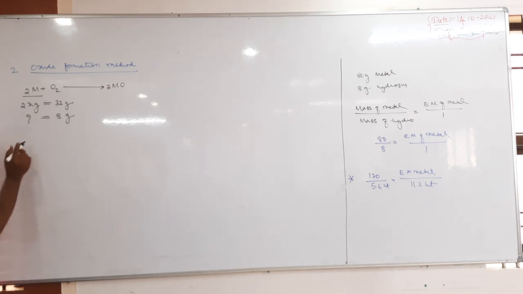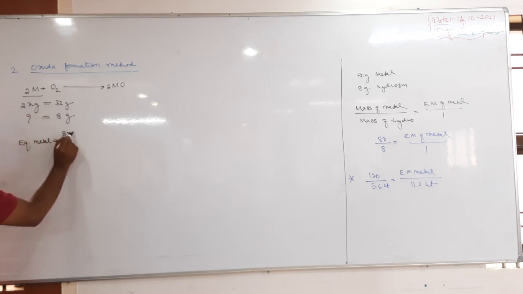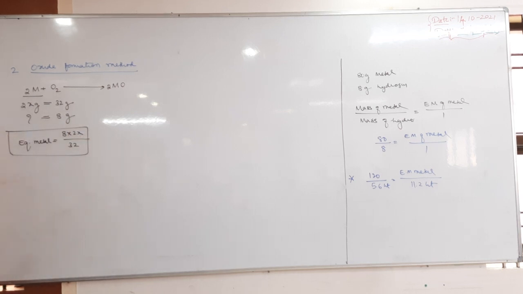Here you can take equivalent mass of oxygen equal to equivalent mass of metal. So equivalent mass of metal is equal to 8 into 2x divided by 32. So this is the formula. Now, equivalent mass of metal, then here this 8 is what?